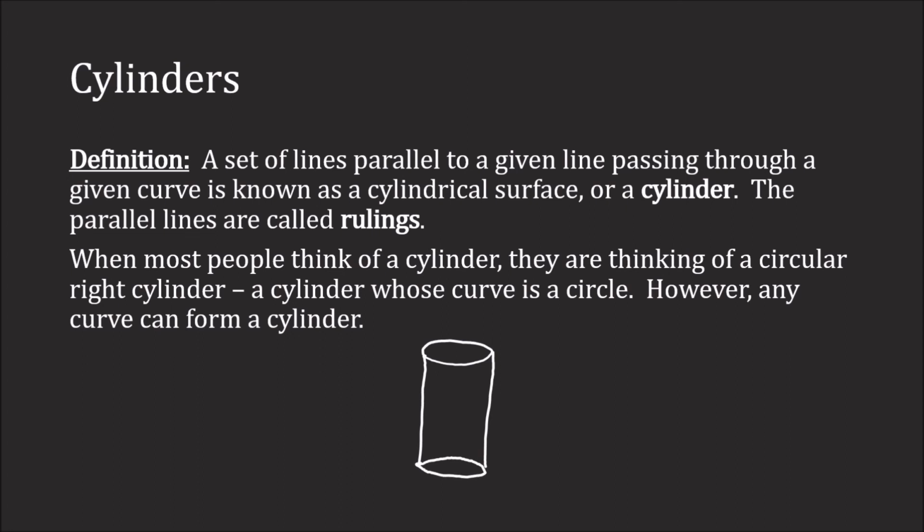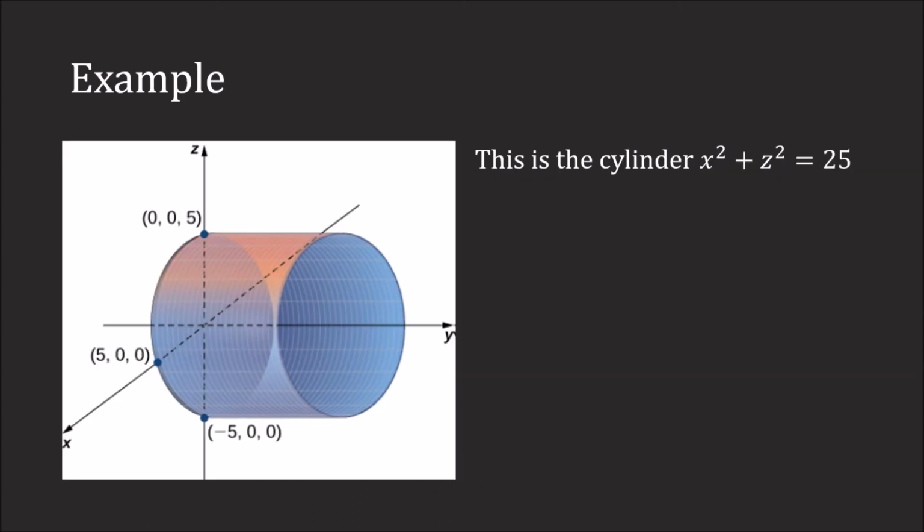Right, so this is a circular right cylinder. Well, this is a standard example, right? So here's a circular right cylinder. So cylinder x squared plus z squared is equal to 25. So when you hear cylinder, this is the type of cylinder that pops into mind.